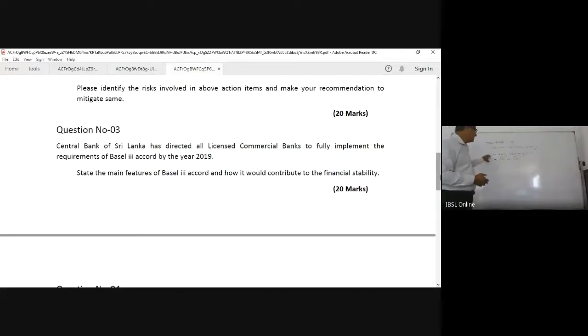Here they say high quality capital, especially tier 1 capital. So if you mention that what is being asked by Basel III is to enhance the quality of capital, and if you mention it is 10 to 14%, you have answered your question. It also says not only capital, they say manage liquidity with two new ratios.